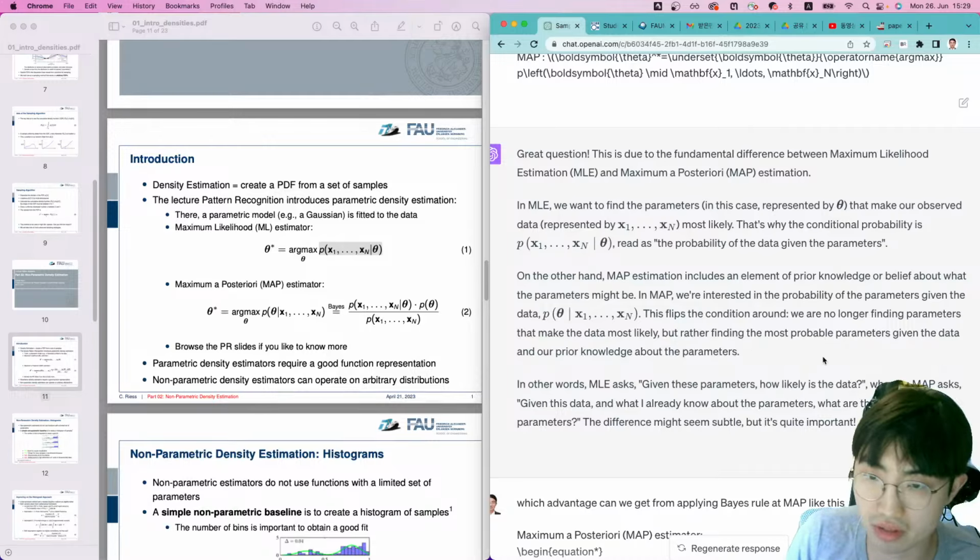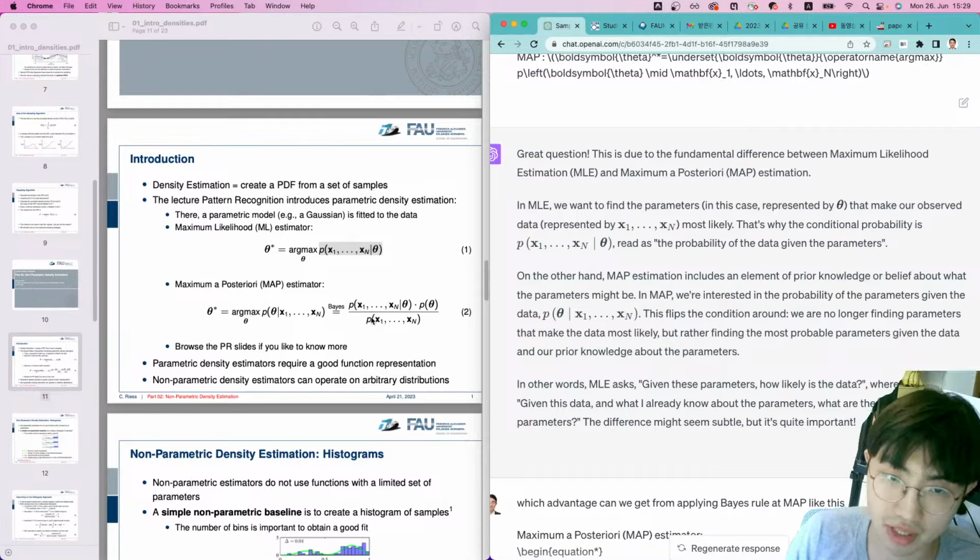The order is quite different, but basically after applying Bayes' rule, it is the same. They just introduce the prior knowledge here, for example, that the recipe uses a lot of pepper.